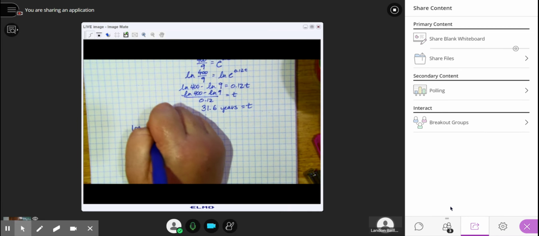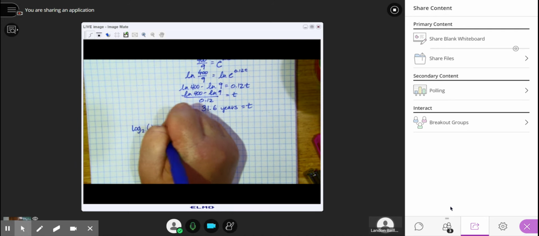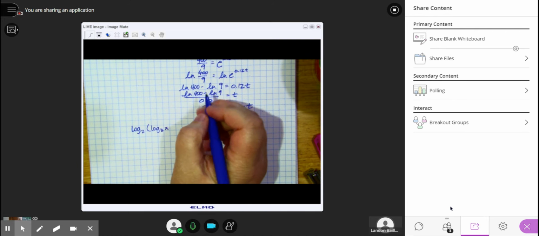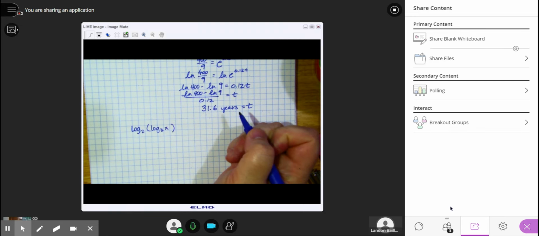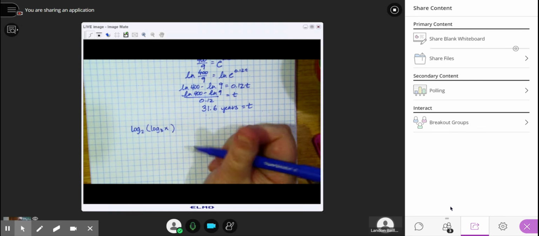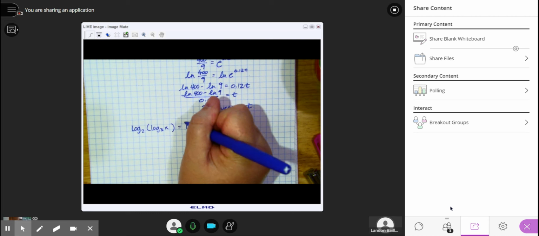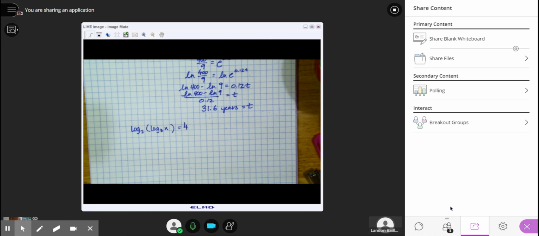Log base 2 of log base 3 of x. And you had it equal to what? Okay, so basically I'm just going to use the definition.